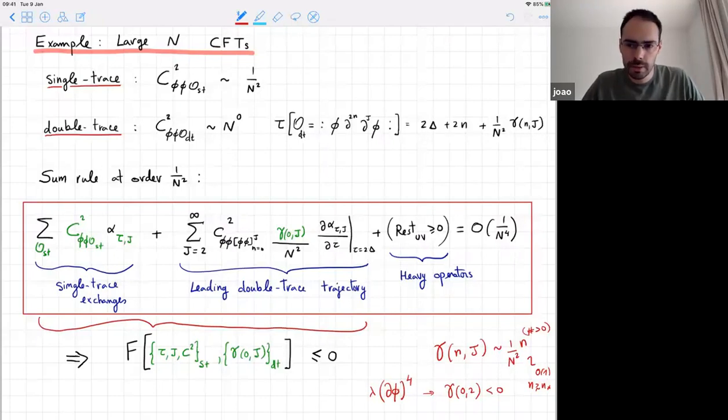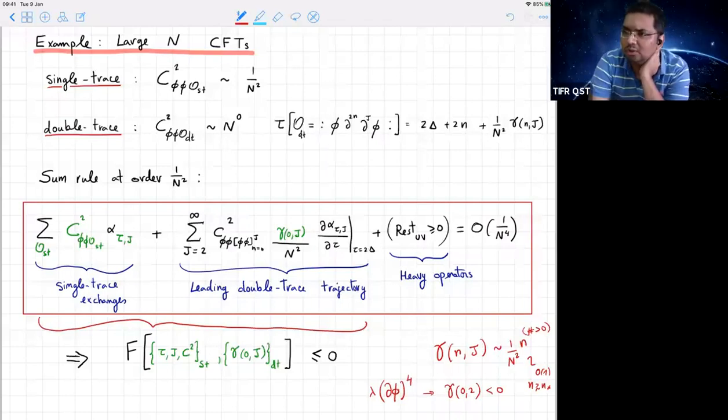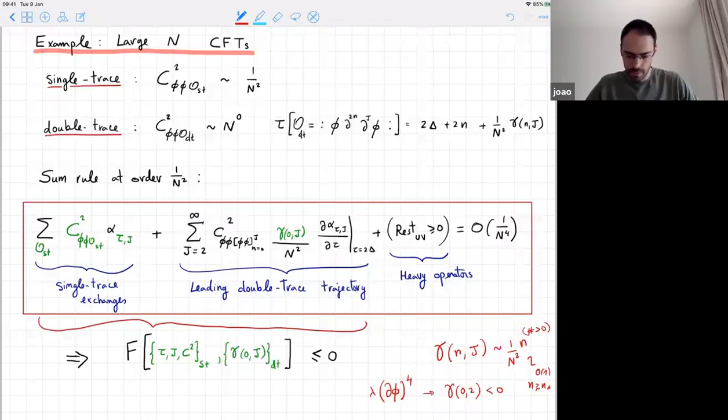Sorry? These UV operators could be low twist operators, no? Well, that depends a bit who you ask, if large twist is what you call UV, or if it's just large dimension.